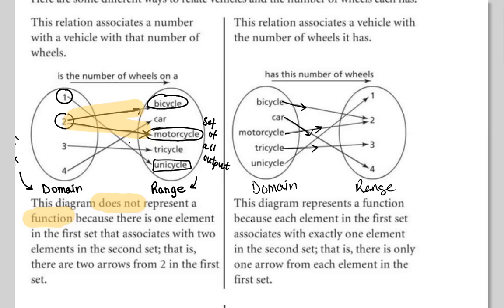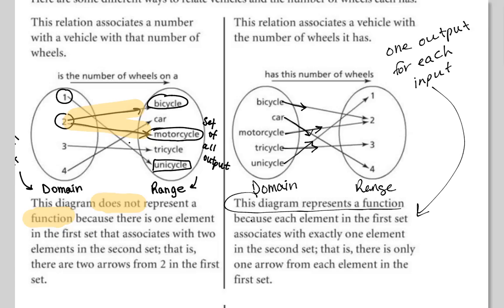If there's only one arrow leaving each one, that guarantees that there's only going to be one output for each input. One output for each input. And that guarantees that it will be a function. This diagram represents a function, because it's one-to-one. That's what a function is.